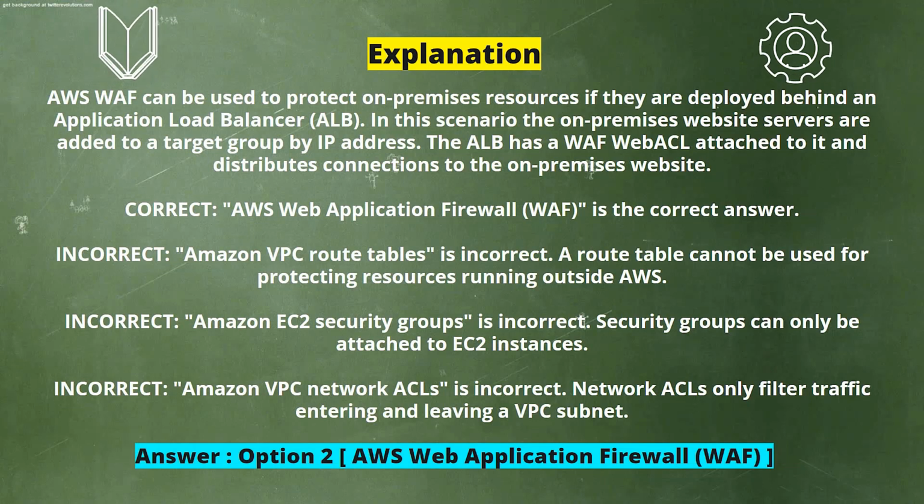Incorrect, Amazon VPC Route Tables is incorrect. A route table cannot be used for protecting resources running outside AWS. Incorrect, Amazon EC2 Security Groups is incorrect. Security groups can only be attached to EC2 instances. Incorrect, Amazon VPC Network ACLs is incorrect. Network ACLs only filter traffic entering and leaving a VPC subnet.